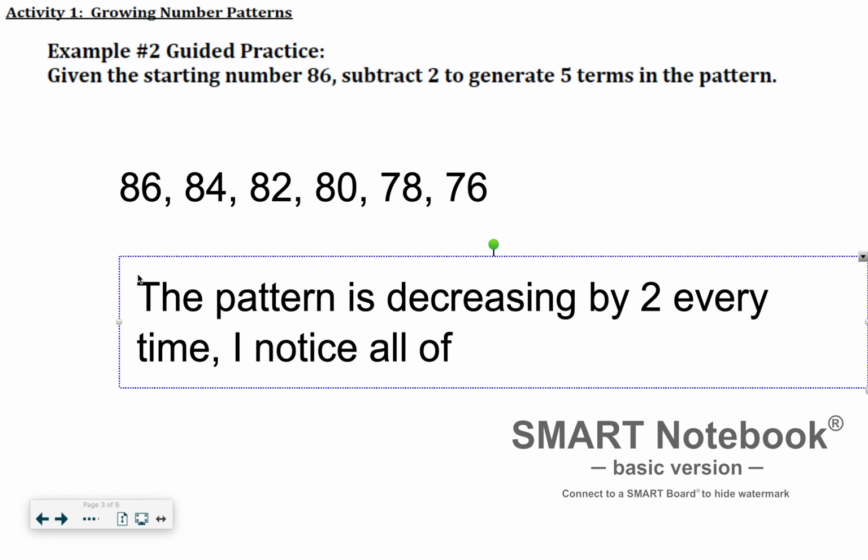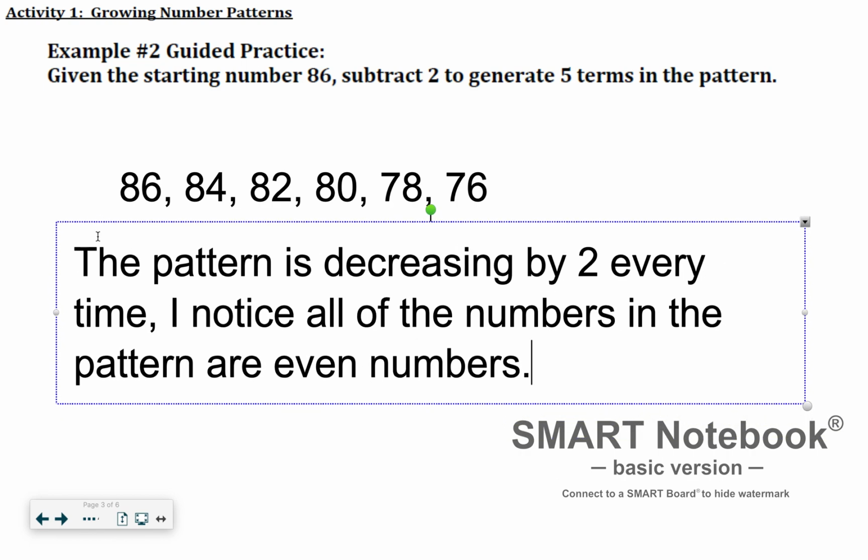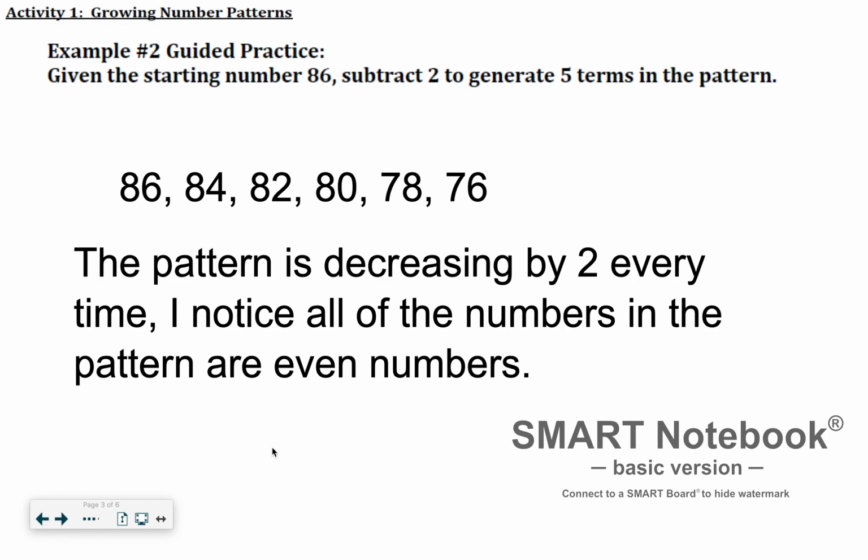I notice all of the numbers in the pattern are even numbers. So everyone can come up with their own observation or what they see, but those are just some things that I noticed. The pattern is decreasing by 2 every time, obviously, because that's the rule. And I also notice all of the numbers in the pattern are even. 86, 84, 82, 80, 78, and 76. They're all even numbers.